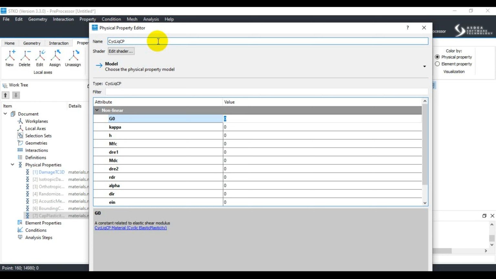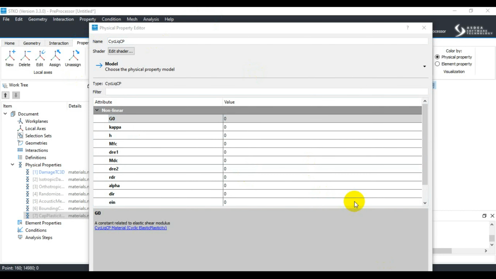So, cyclic CP is a sophisticated model tailored for simulating the complex behavior of soil, particularly in scenarios involving liquefaction, where soil behaves like a liquid due to external forces like earthquakes. Its capabilities include handling cyclic loading, large deformation, and pressure-dependent behavior in the analysis.